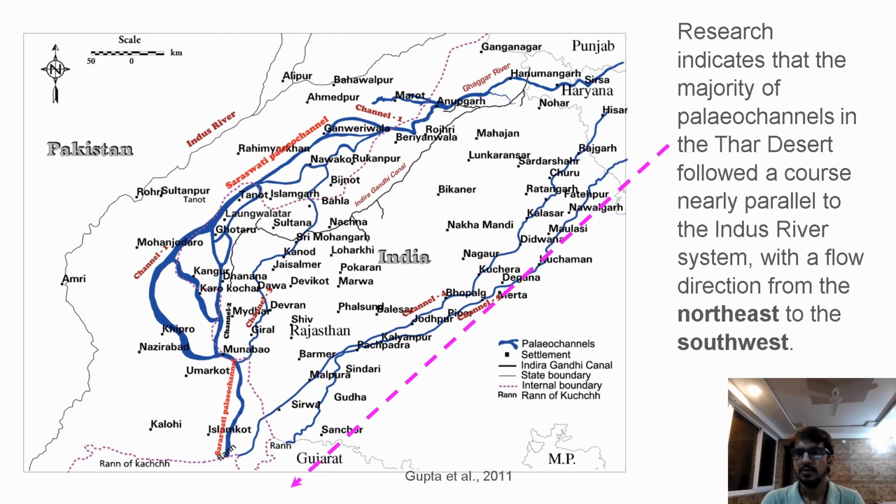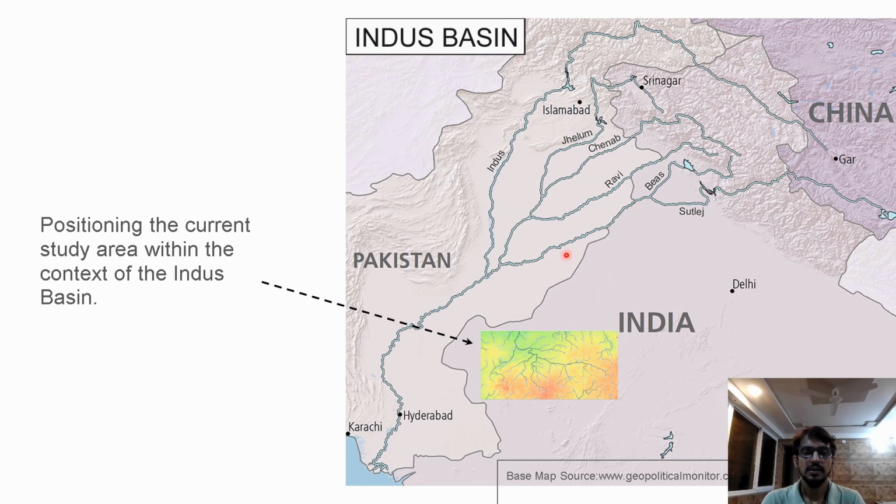Okay, so here we have this area of study, and I would like to highlight a different situation in this area, which is part of the same area we discussed in the previous slides.